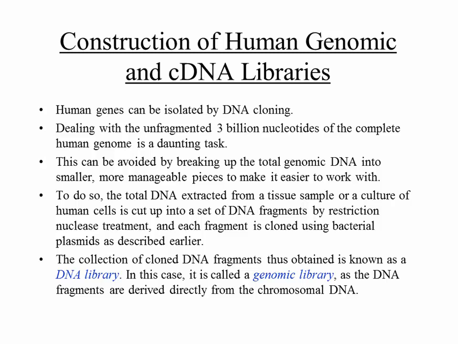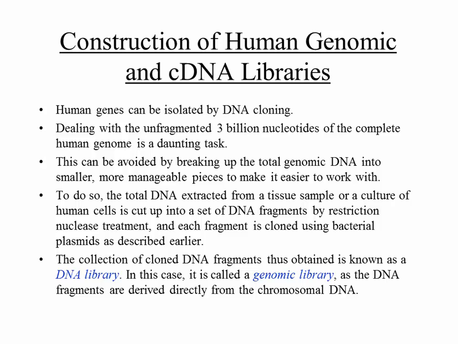To do that, the total DNA extracted from a tissue sample or a culture of human cells is cut up into a set of DNA fragments, again by restriction nuclease treatment, because that will cut it up in a very specific, predictable, and repeatable manner. And then each fragment is cloned using bacterial plasmids as described earlier. I told you how you can clone a fragment of DNA.